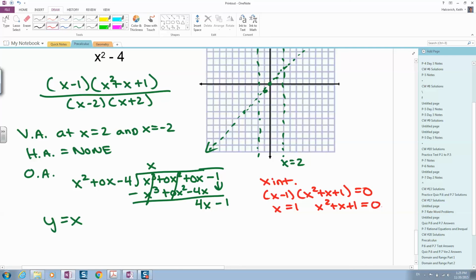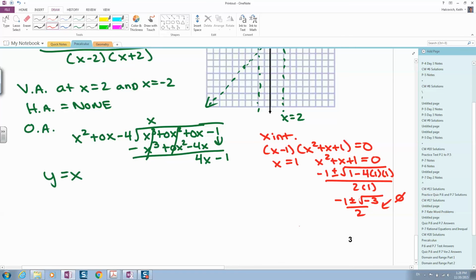Well, that is not factorable, so what you would have to do is the quadratic formula to see what the zeros are there. So b squared is 1 minus 4ac all over 2a. And you'll notice that you get the square root of negative 3, which means there's no solution there. So there's only one x-intercept of (1, 0).